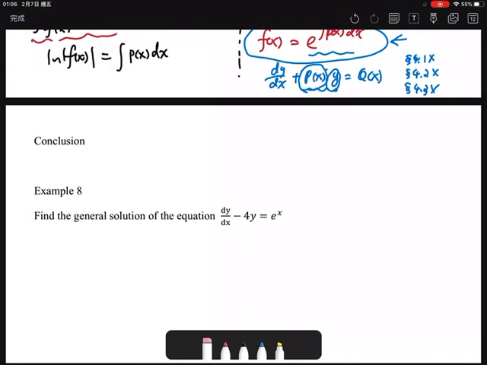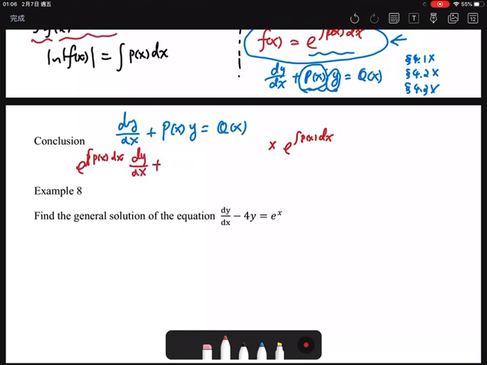Let's do a conclusion first. When you come across a differential equation like this, dy by dx plus p(x) times y equals q(x), and you multiply by a suitable factor, e to the power of the indefinite integral of p(x), you get e to the power of the integral of p(x) times dy by dx plus e to the power of the integral of p(x) times p(x) times y equals e to the power of the integral of p(x) times q(x).